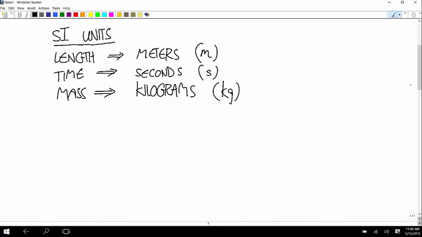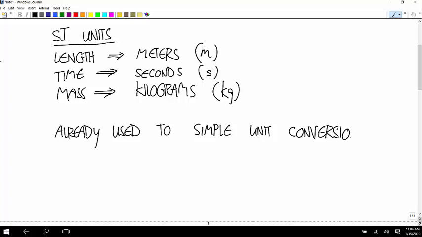So everybody, even before you take any science classes, you're used to basic unit conversions. So you're already used to simple unit conversions.